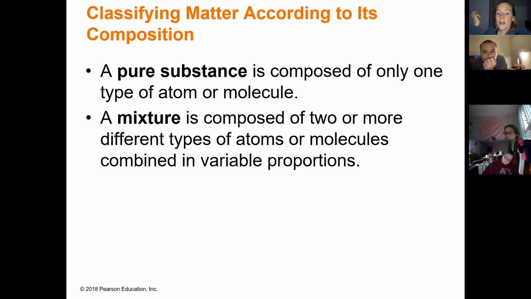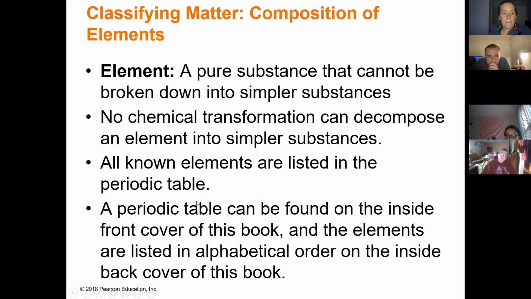A mixture, on the other hand, is composed of two or more different types of atoms, or two or more different types of molecules that aren't fused together, and we can adjust the proportionality of it. Salt water, for instance, is NaCl salt and H2O water. I could add more salt or add more water and change the proportionality. So pure substances are more definite, more specific. Mixtures have more variability to them.